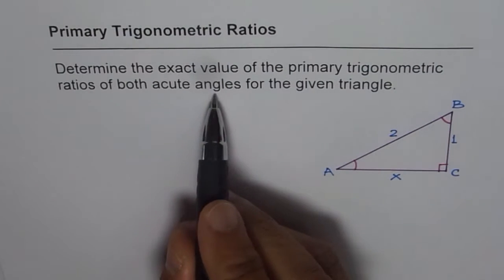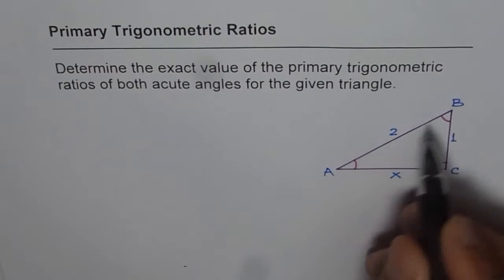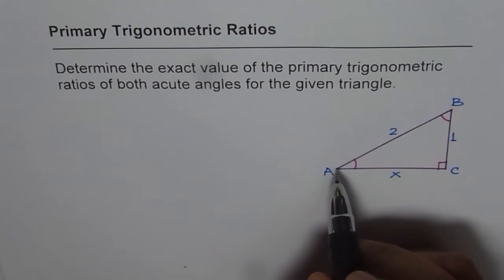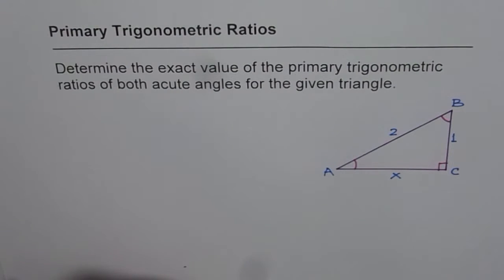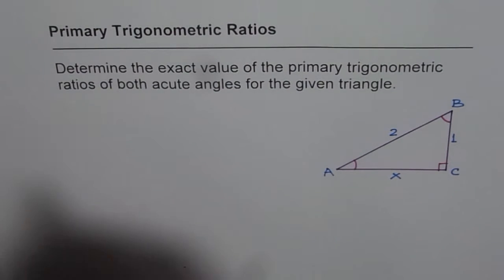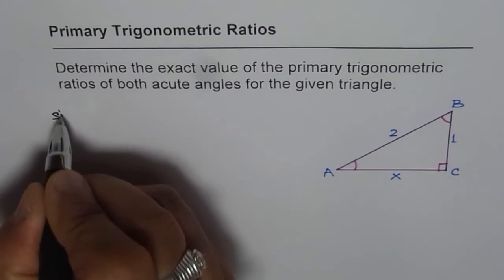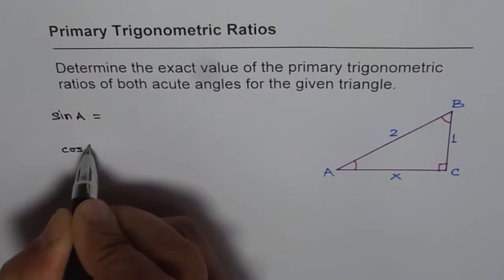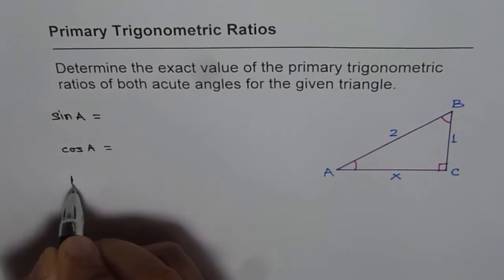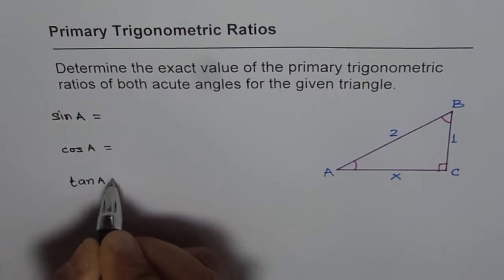It really means that what we need to find is, these are the two acute angles for us. Primary trigonometric ratios are sine of an angle, cosine of an angle, and tangent of an angle, right? So what we need to find is sine of A equals what, cosine of A equals what, and tan of A equals what.